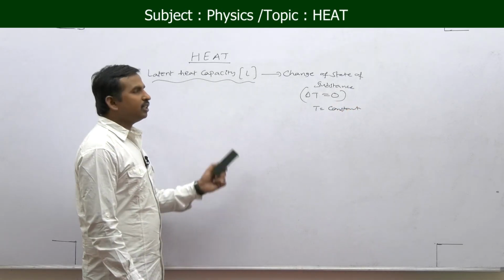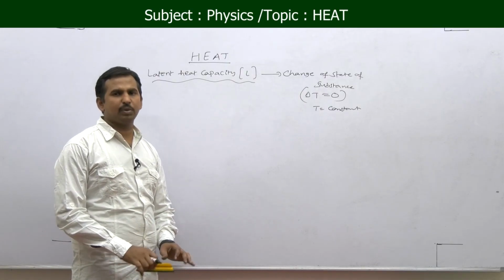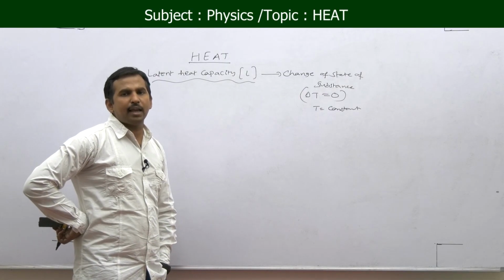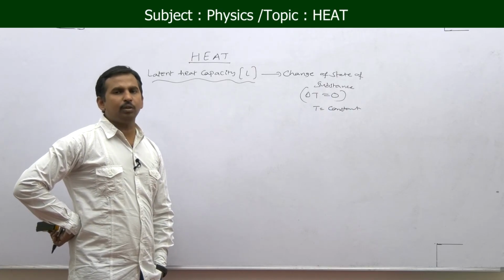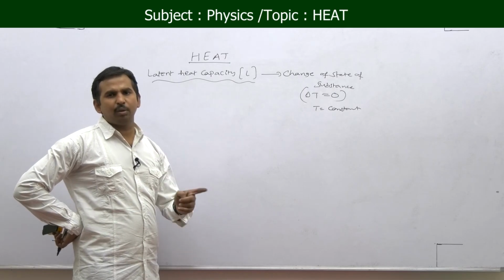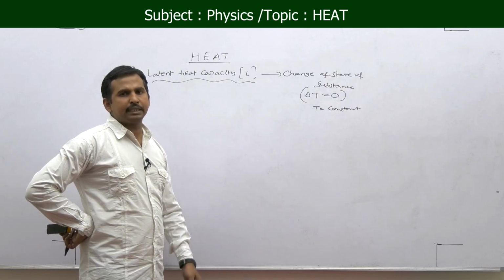Now what does latent heat capacity mean? Latent heat capacity is also like specific heat capacity, which is the amount of heat energy required or given out by unit mass of a substance, this time not for raising its temperature, but for change of state.